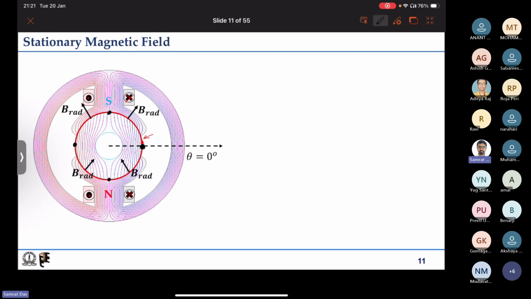So if we excite the winding like this with a certain DC current, just to give you some idea of how the winding is placed: this is how it is wound around this pole, and it is coming out.